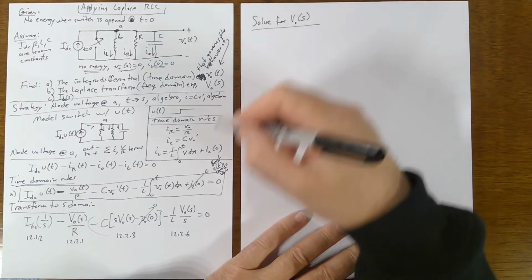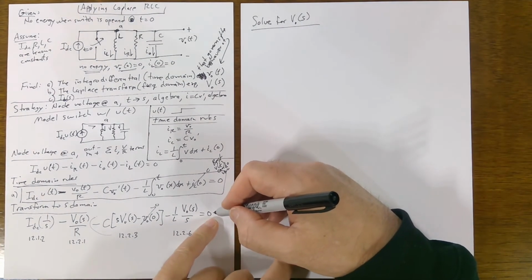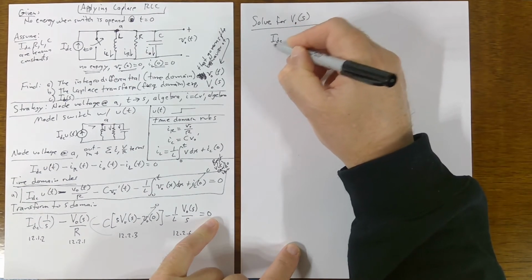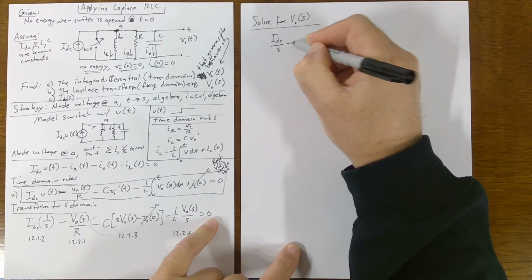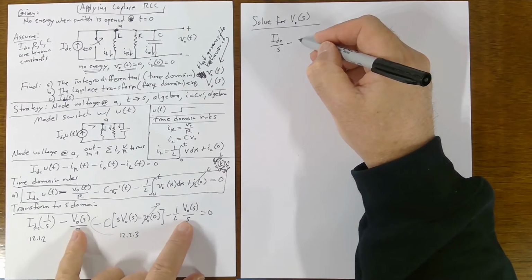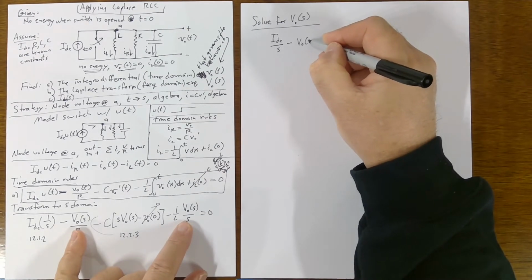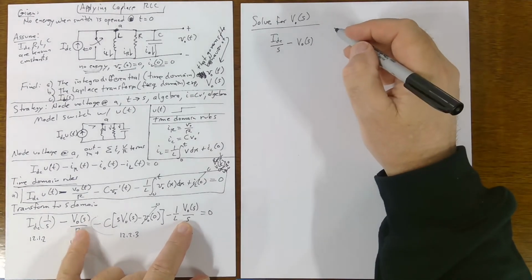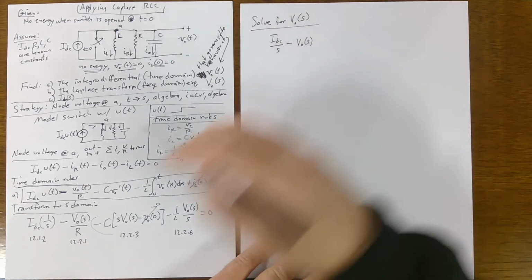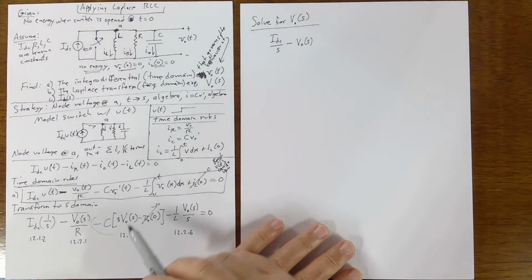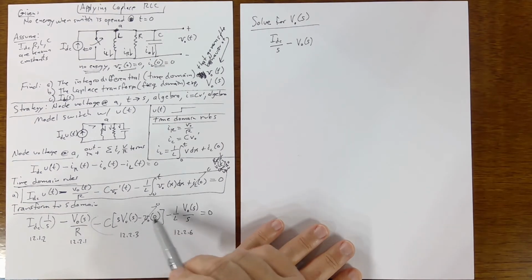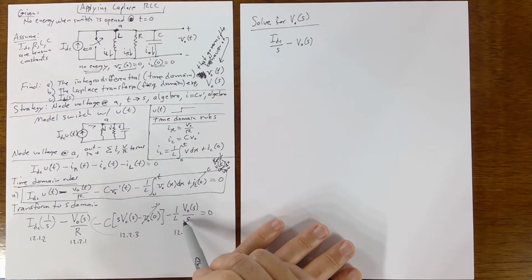So just solving this for big V0 of s, it's going to be IDC over s minus, so factor out the big V0 of s out of all of this stuff. You're factoring out of this R term, this SC term, and this 1 over LS term.